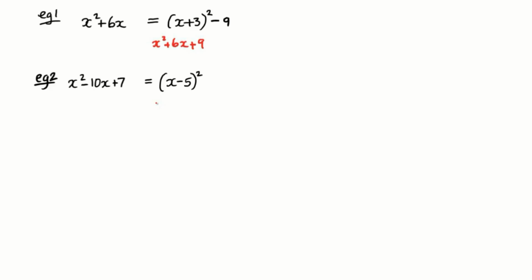Expanding this out again, I would get x squared, take away 10x, add 25. I wouldn't necessarily put this step in every time, but I'm explaining things to you. Now this would give us an add 25, and we only want an add 7. So let's take away the 25 to eliminate that, but we need a plus 7.